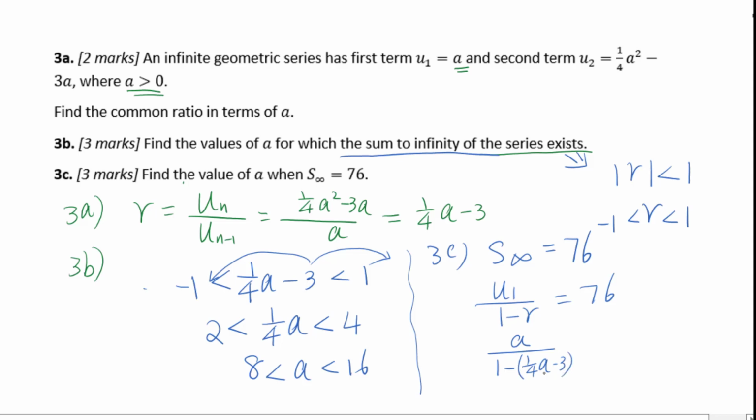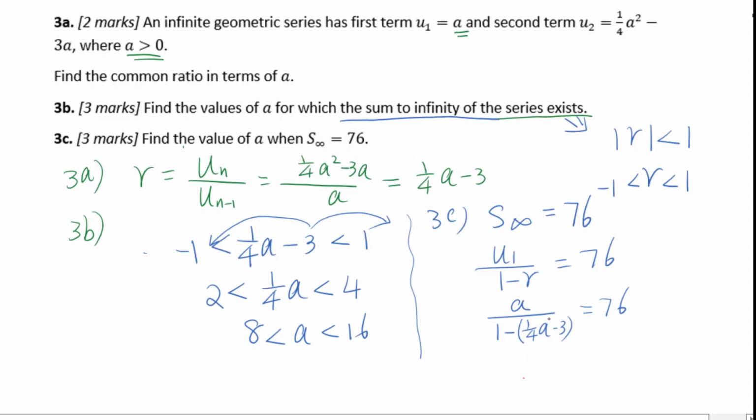Don't forget to put the parentheses, equals 76. Since this question is calculator based, we will use the equation solver. We have a over 1 minus 1 over 4a minus 3, minus 76 equals 0.